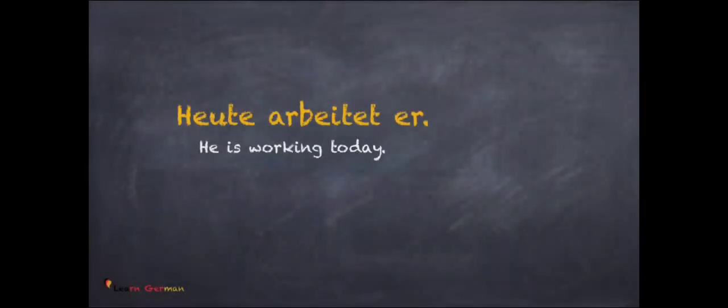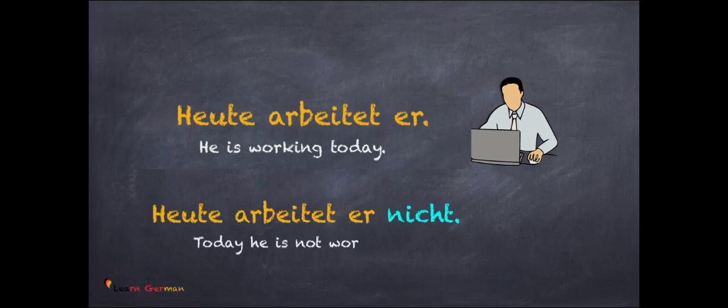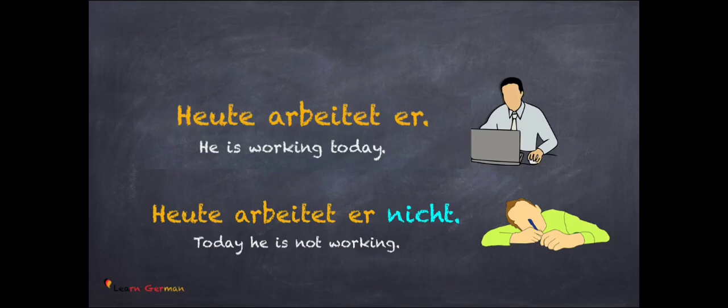Here's another example. Heute arbeitet er. And when we negate, we would say, heute arbeitet er nicht. Here again, you can notice that nicht is placed at the end of the sentence. This is because you are negating the whole sentence.